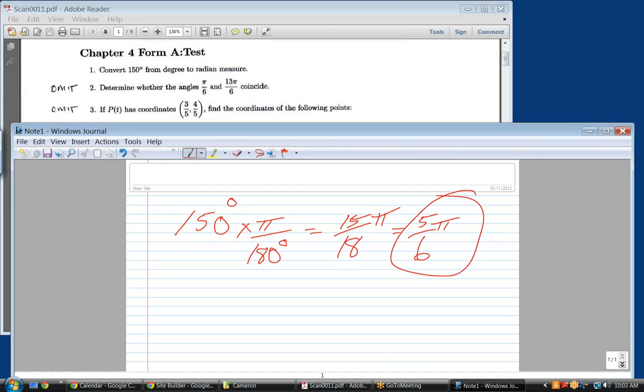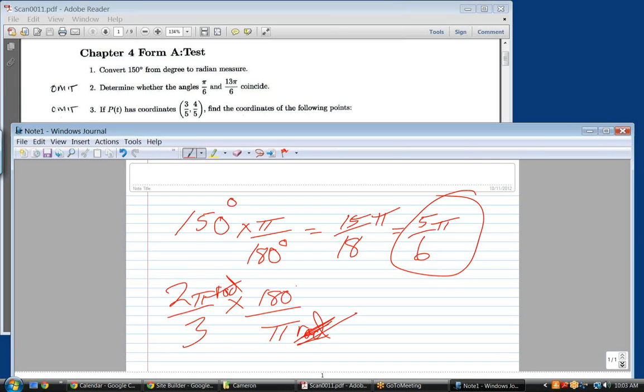Now converting radians to degrees, what is this? You're going to multiply it by 180 over pi because we want the radians to disappear and we want it to end up in degrees.